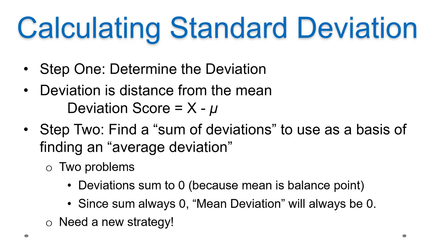The distance separating a score from the mean is called the score's deviation, indicating the amount the score deviates from the mean. Take each data value and subtract the mean from it: X minus mu for population mean. If the deviation is positive, then the raw score is larger than the mean.